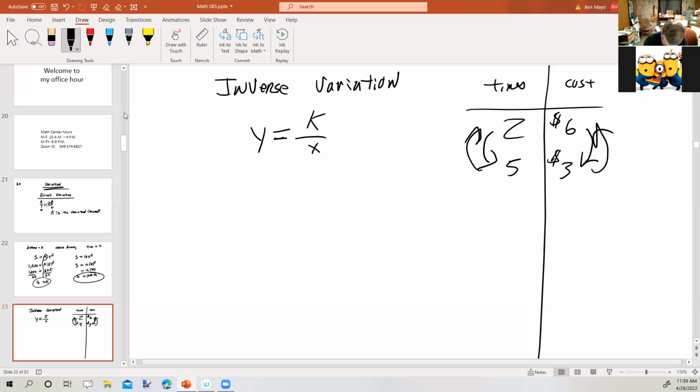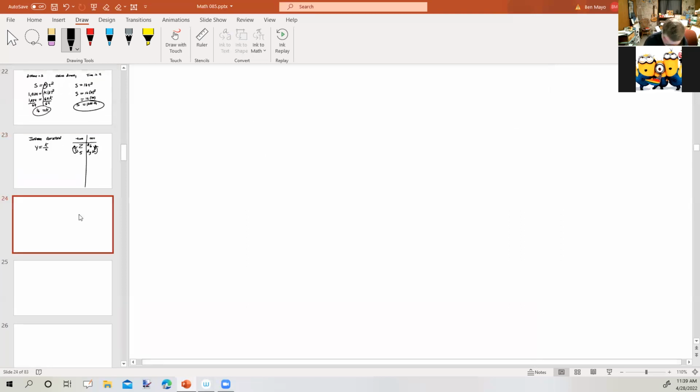All right, so let's take a look at an example. It says the frequency of vibration of air in an organ pipe varies inversely to the length of the pipe.